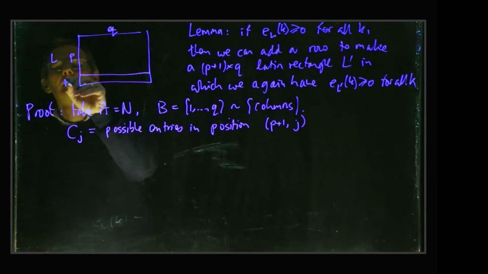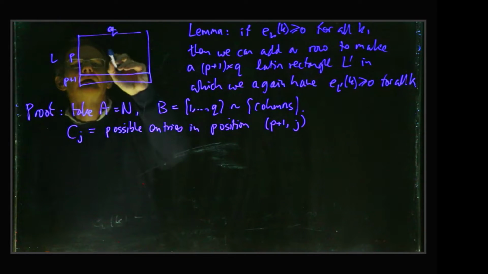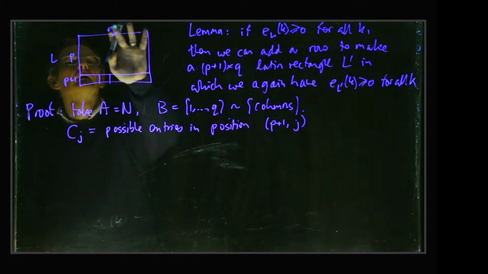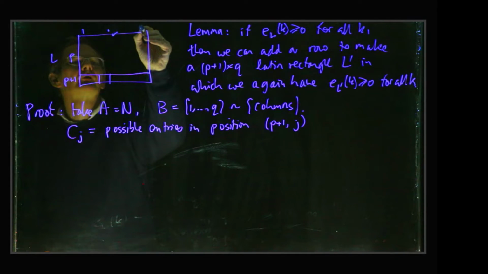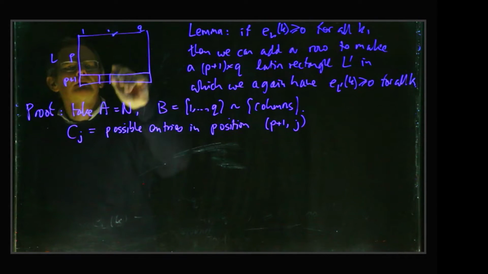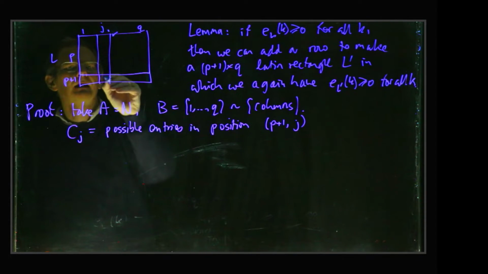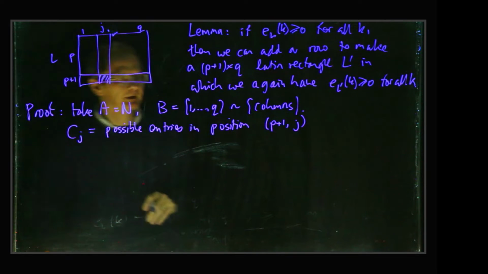Here's our new row, from 1 up to q across here, and this is our jth column, and we're looking at the possible entries that can go here.